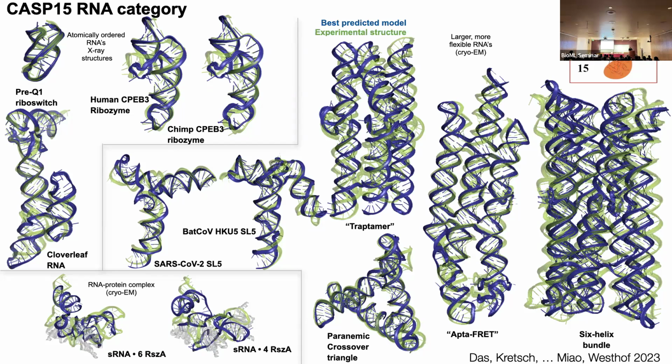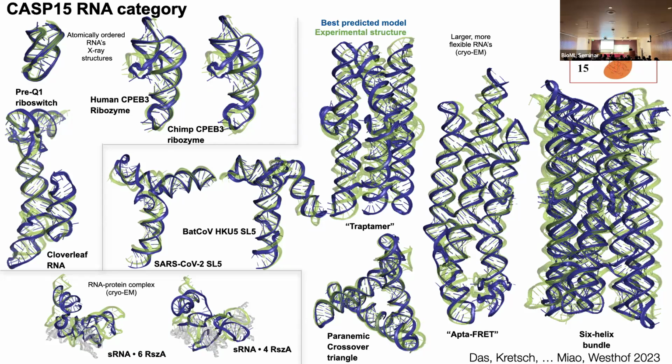And in some cases, including in design structures like the four on the very right here, the blind models were closer to cryo-electron microscopy structures than the original design templates that the folks had used to make these RNA nanostructures.